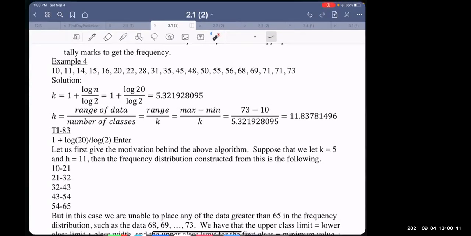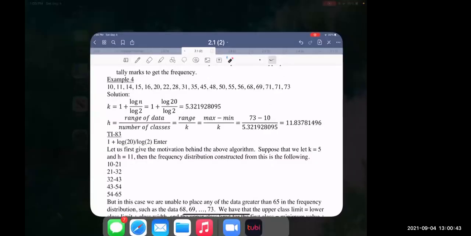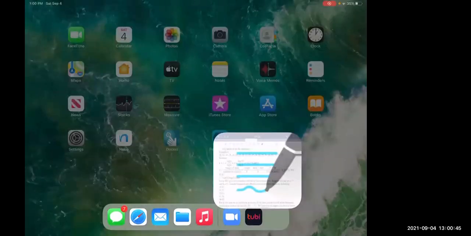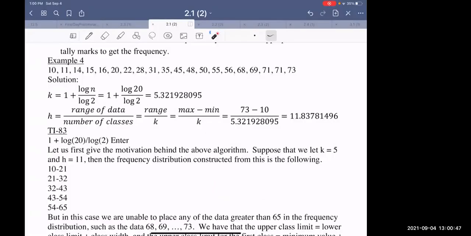Let's see how people are doing. Any problems with doing this calculation? Is everyone done with this? Did everyone get that answer? Did anyone not get that answer yet?